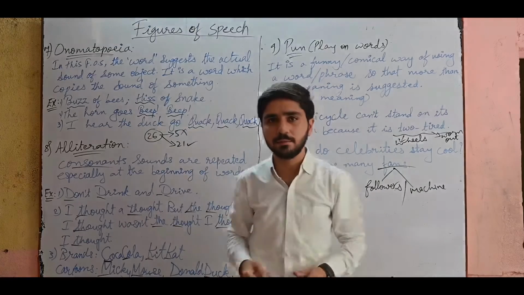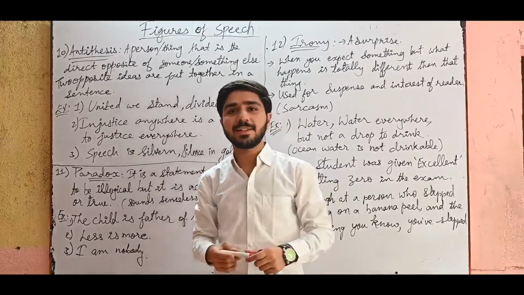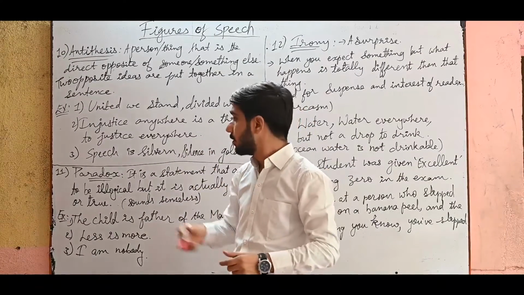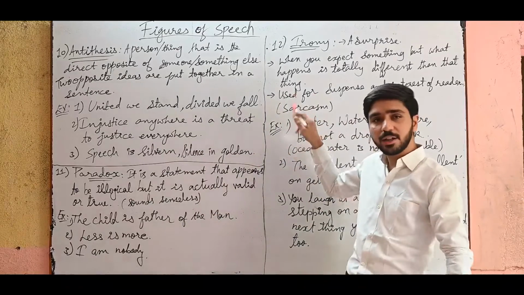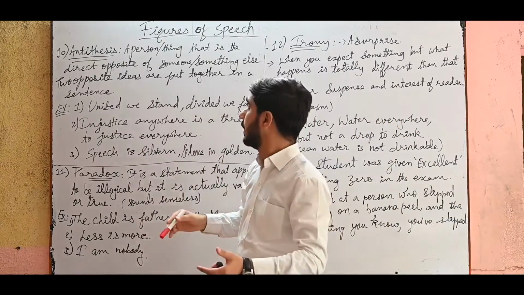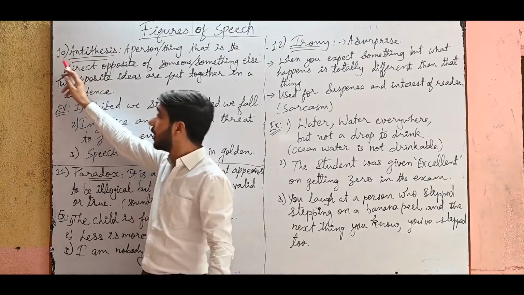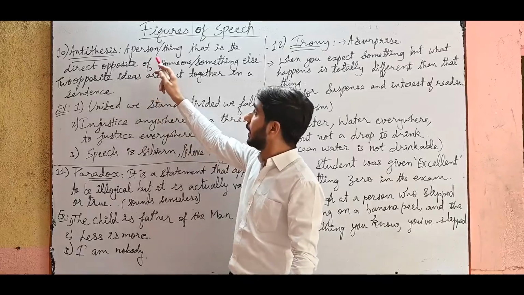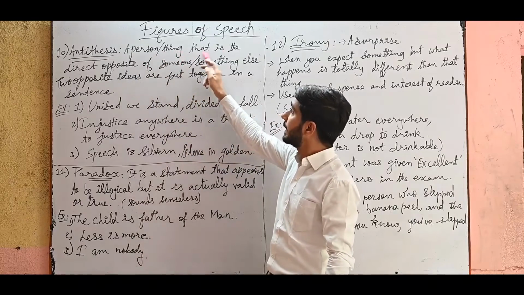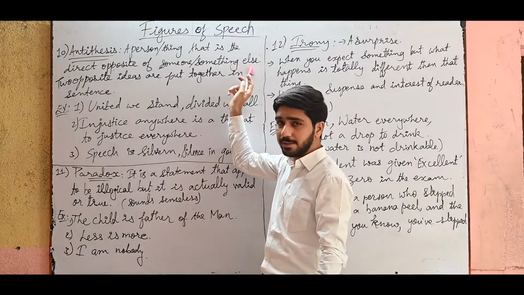Now moving ahead. Our next figures of speech are based on contrast or opposite ideas. As you can see, I have already written three figures of speech. These are based on opposite ideas or opposite words. The first one, number 10, is antithesis: a person or thing that is the direct opposite of someone or something else.